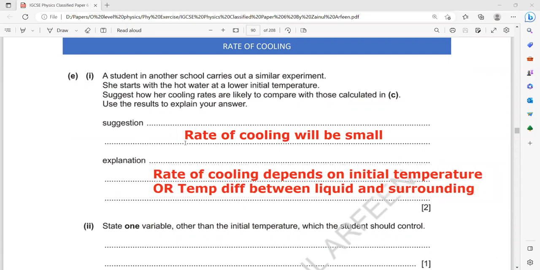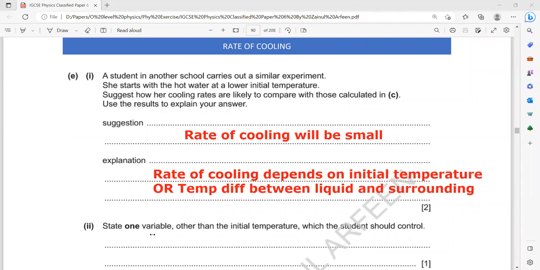State one variable other than the initial temperature which the student should control. What is another variable which the student should keep constant for fair results? If the other student is doing the same experiment, the room temperature, or what else? The amount of liquid she is using, the volume of the water.